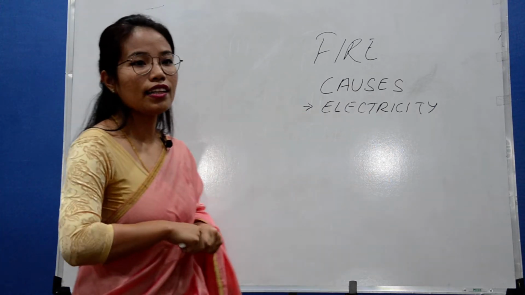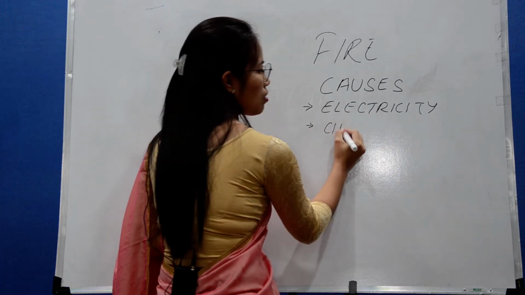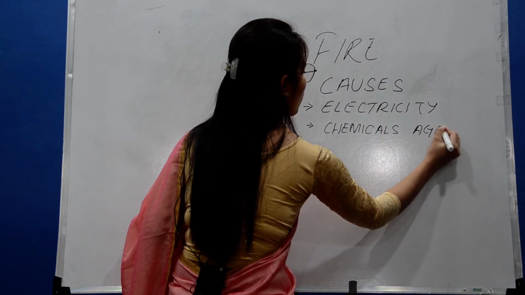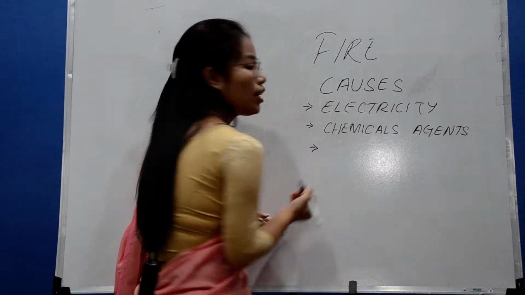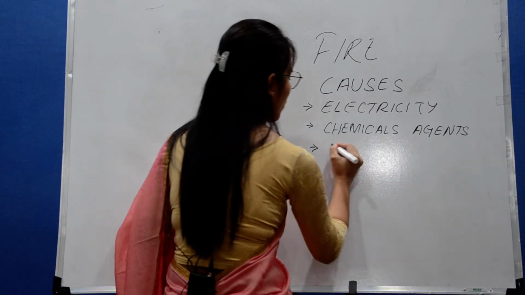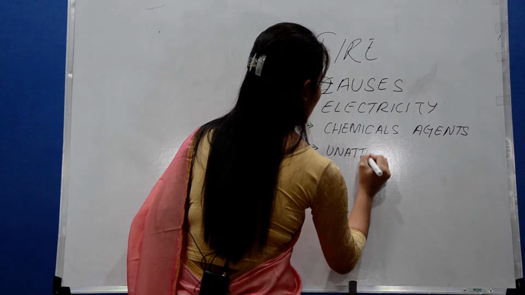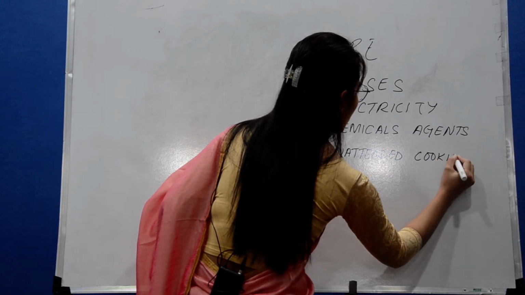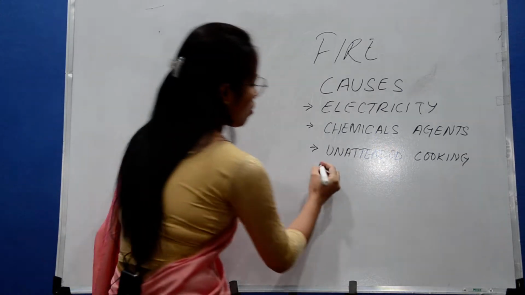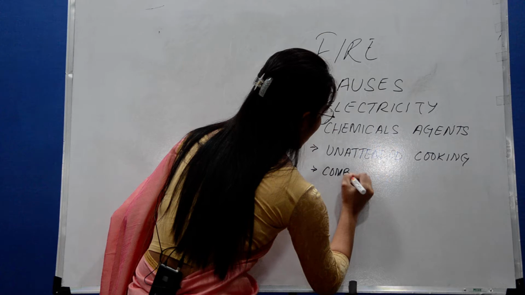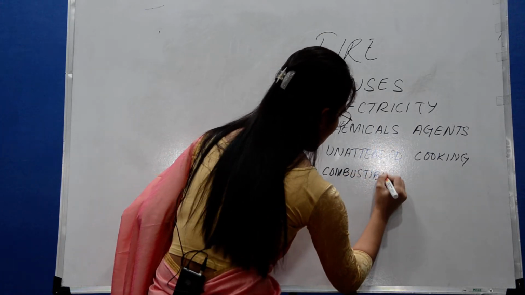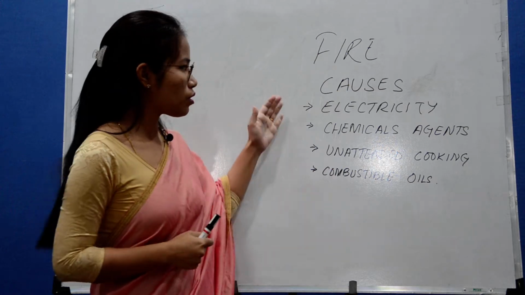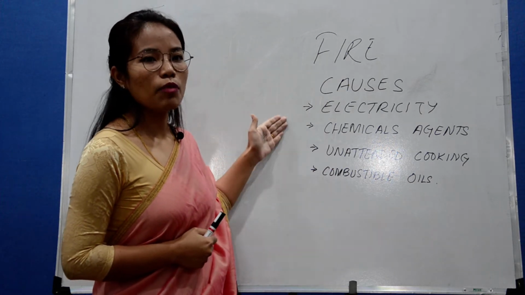So first is electricity, next will be the chemical agents, then we have unattended cooking, combustible oils, etc. These are some of the examples of causes. So after this, let's go to the types of fire.